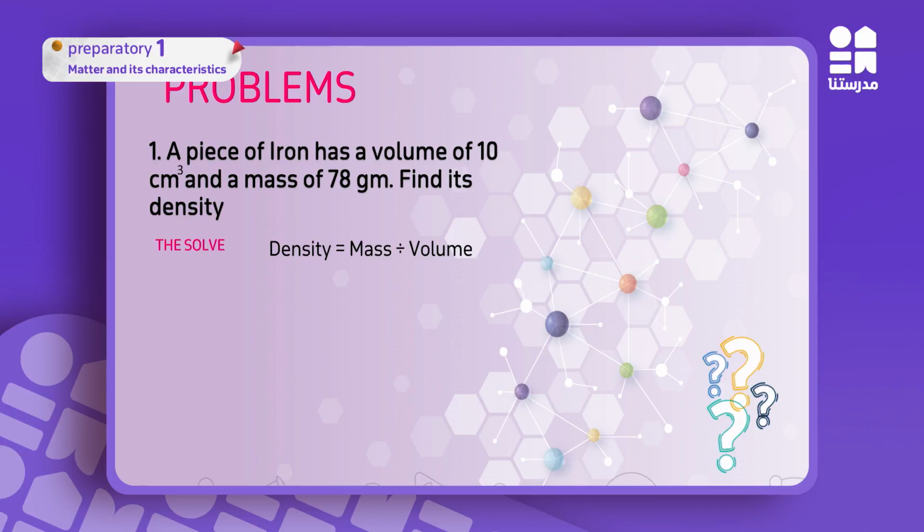طيب أنا عندي هنا الماس بكام؟ الماس 78. 78 جرام divided by what? Divided by 10. 10 here 78 gram divided by 10 cubic centimeter.